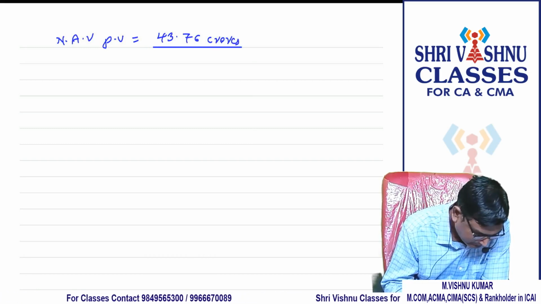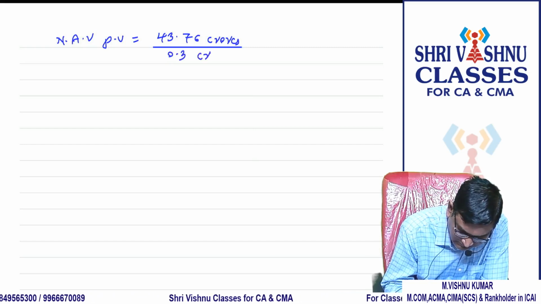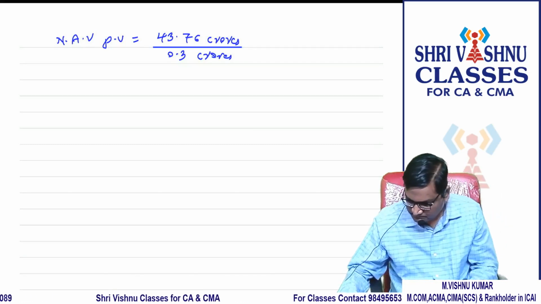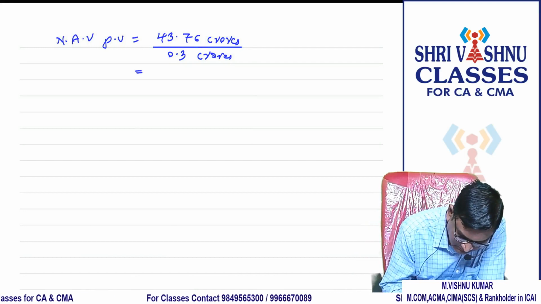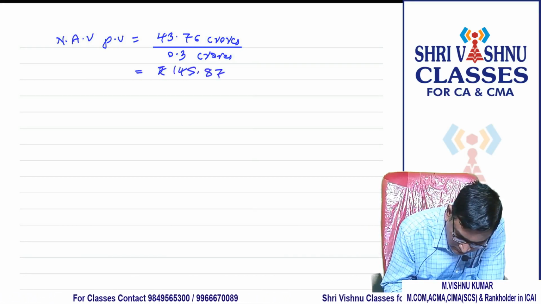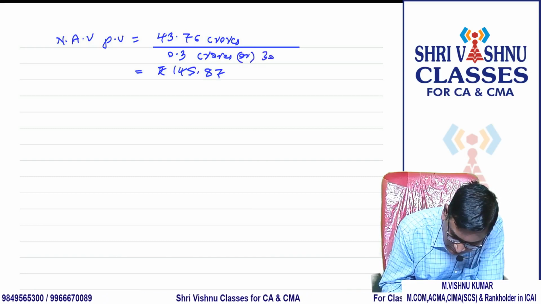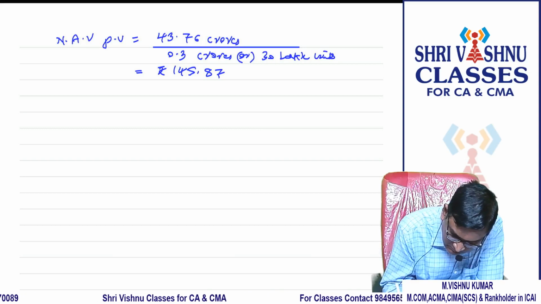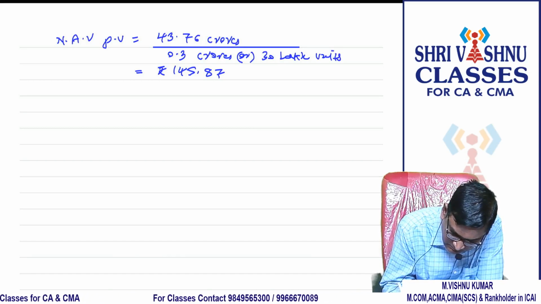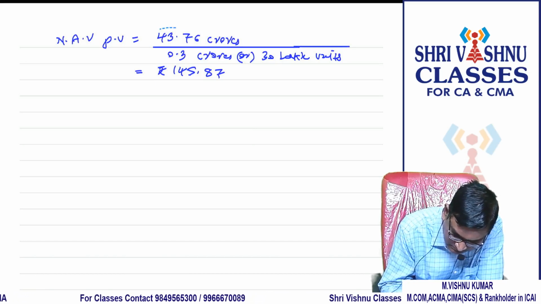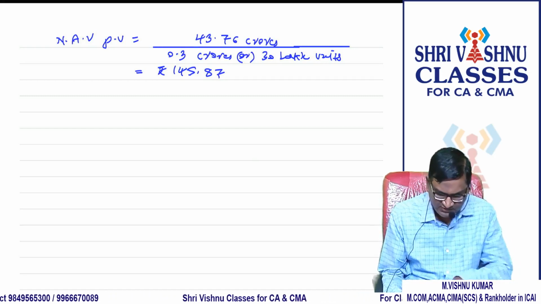Units 30 lakhs, 0.3 crores or 30 lakhs. So 145.87 per unit.